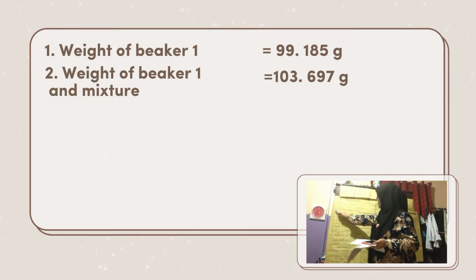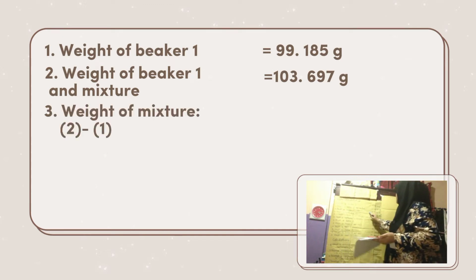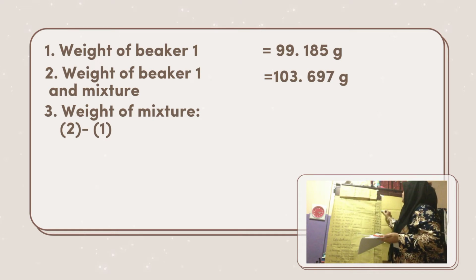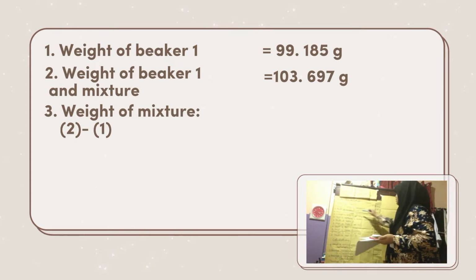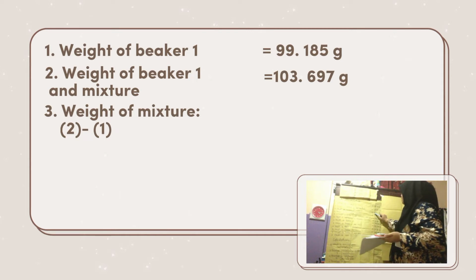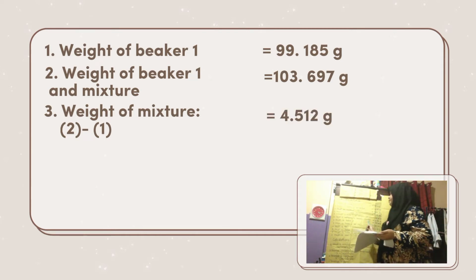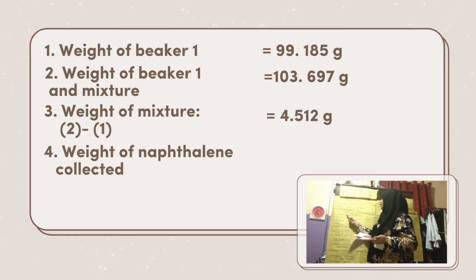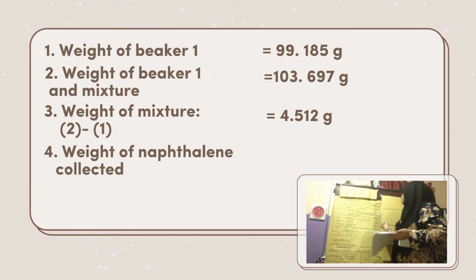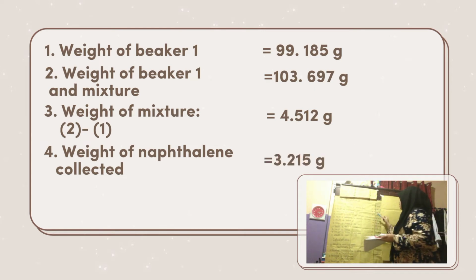Then number 3, weight of mixture: we subtract 103.697 minus 99.185 grams to get the total, which equals 4.512 grams. Then let's proceed to the weight of naphthalene collected. Assuming we have a given naphthalene collected of 3.215 grams.